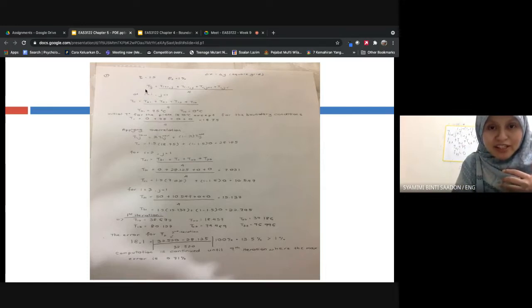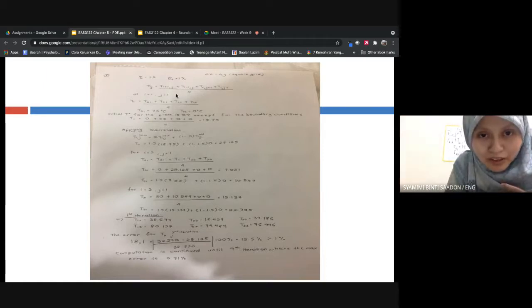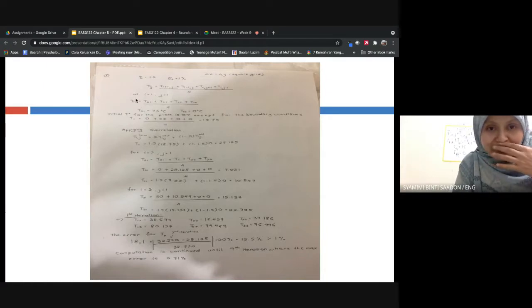So this is the Laplacian equation just now, just that here it is divided by 4. At i=1 and j=1, T11, we apply the Laplacian just now.